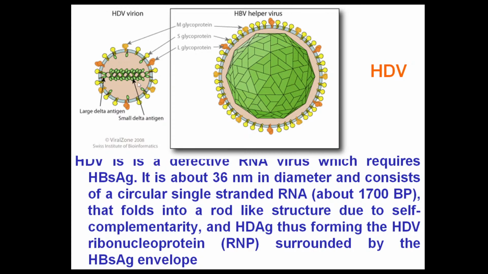And hepatitis D antigen thus forms the ribonucleoprotein here, surrounded by the HBs antigen envelope protein. And this is the helper hepatitis B virus that serves as a donor of M glycoprotein, S glycoprotein, and L glycoprotein.